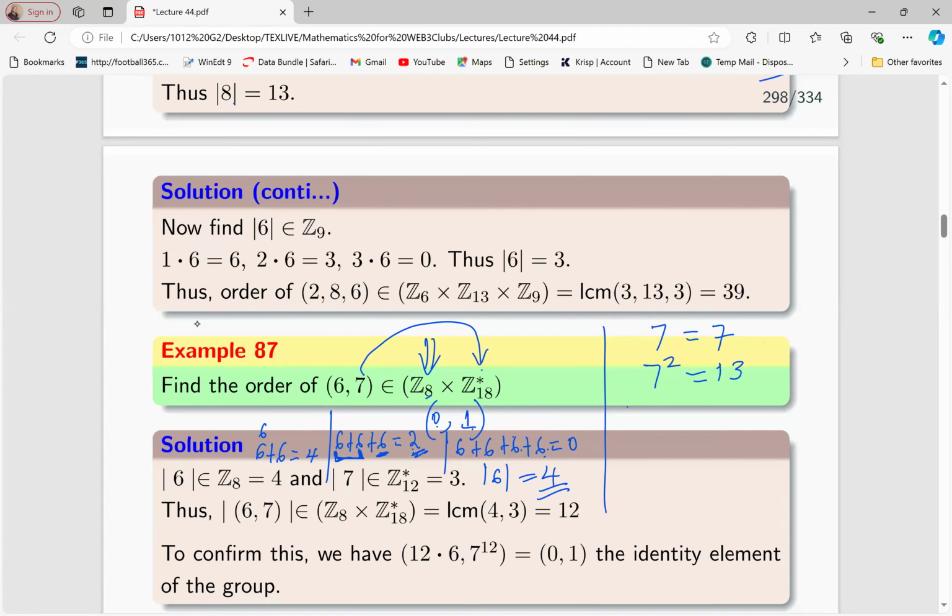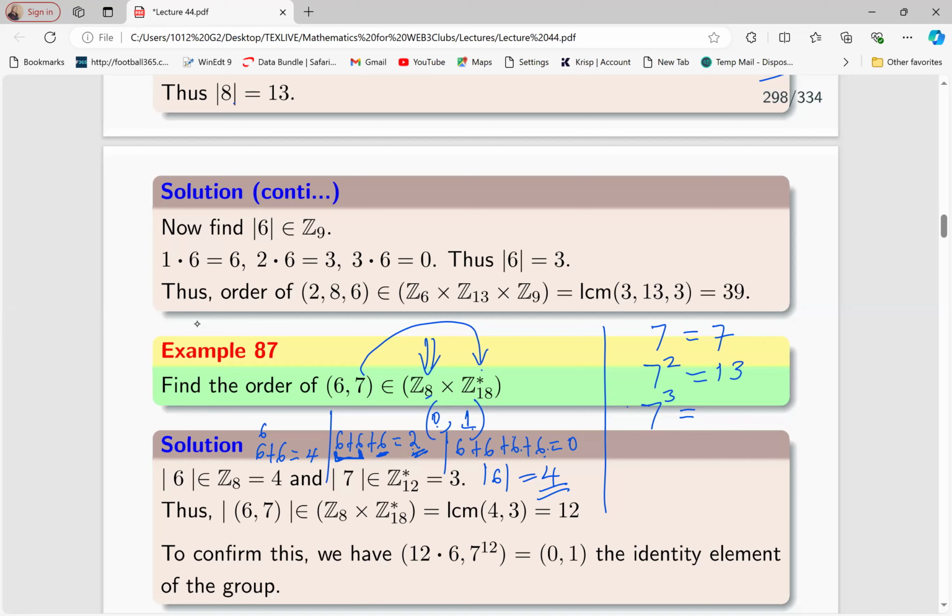You could also use your calculator so that we move together, because if I mess up, we'll have to repeat and it will take a long time. 7 three times will be 13 times 7, because 7 twice is already 13.